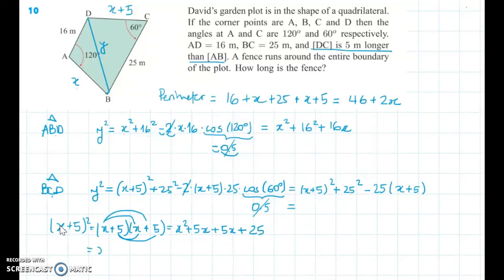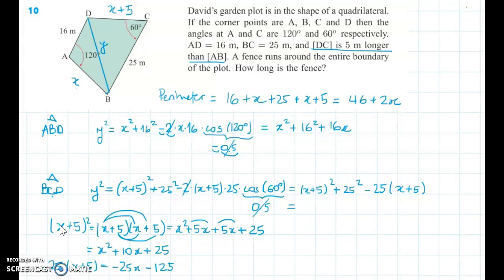So this is x squared, and collecting the like terms, 5x plus 5x, that's plus 10x plus 25. Also, we need to multiply the 25 times x plus 5. Note that there is a minus in front of it, so let's do it with the minus. So it's going to be minus 25x minus 125. That's 25 times 5.